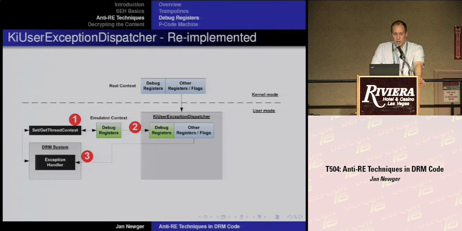We would then call the exception handler, passing our fake context, and the exception handler would do all the fancy stuff. In return, the exception handler modifies some of the general purpose registers like ESP, because it's cleaning up the stack and some other stuff, especially, of course, the instruction pointer. So we need to merge those two versions and sync them back, and finally let the operating system apply this modified context.